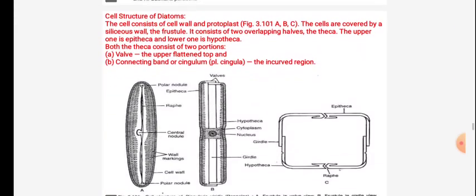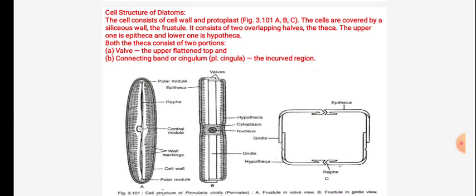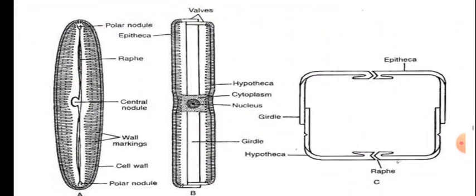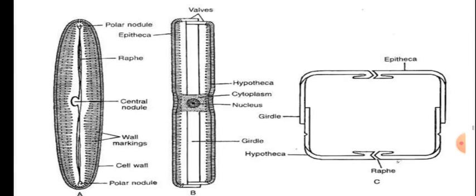Next, cell structure. Yesterday we have seen it, but here also it shows the hollow and connective parts, and the cell is covered by a siliceous wall. The frustule is the important character. So you see the magnified part. What is the meaning of the whole? Hypotheca, then nucleus, cytoplasm. There are the girdles, hypotheca and raphe.